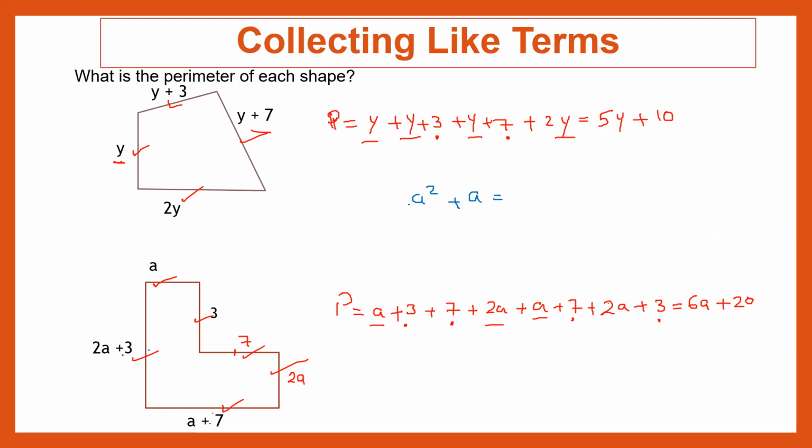Actually its value is different. Like if a is equal to 2, a squared will be equal to 4, while a here will be equal only to 2. So these are not the same. So these are not like terms. I can't collect these. If I want to add these, they cannot be simplified. My answer will stay the same.